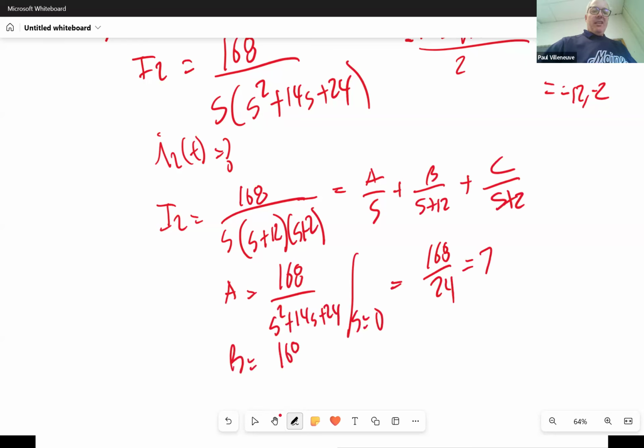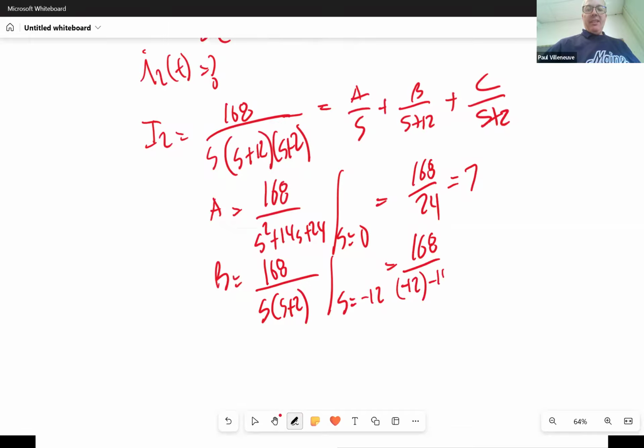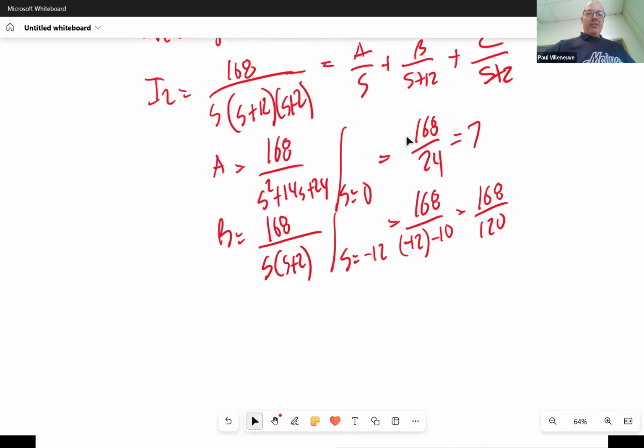B is 168 over S times S plus 2, evaluated at S equals minus 12. 168 over minus 12 times minus 10. 168 over 120. We'll just leave it at that because we can't make that a whole number or an integer.